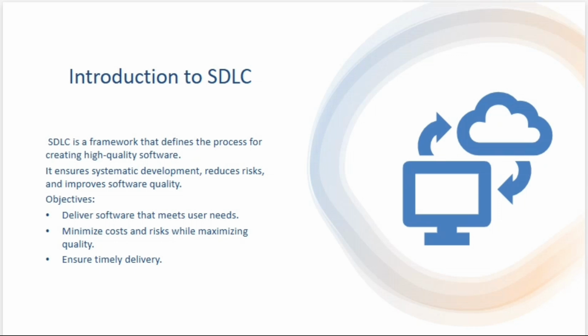Timely delivery in the sense of, say I have purchased one software, and 2 or 3 weeks later I get an update, and then the next update, and after that update I am facing some issues or defects. After a couple of months, another update comes with the fixes. So it is not consistent. For that we need to be consistent with timely delivery, and this is ensured by the SDLC framework.